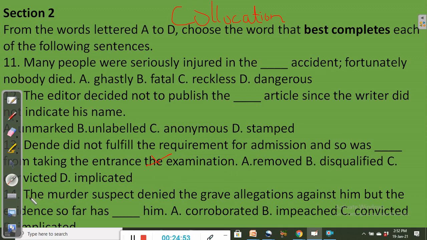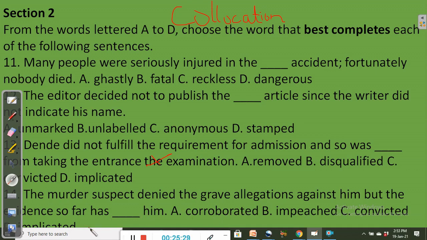Question number 14. The murder suspect denied the grave allegations against him, but the evidence so far has dash him. A, corroborated. B, impeached. C, convicted. D, implicated. Of course, option D, implicated, is the right choice because all others do not fit in.